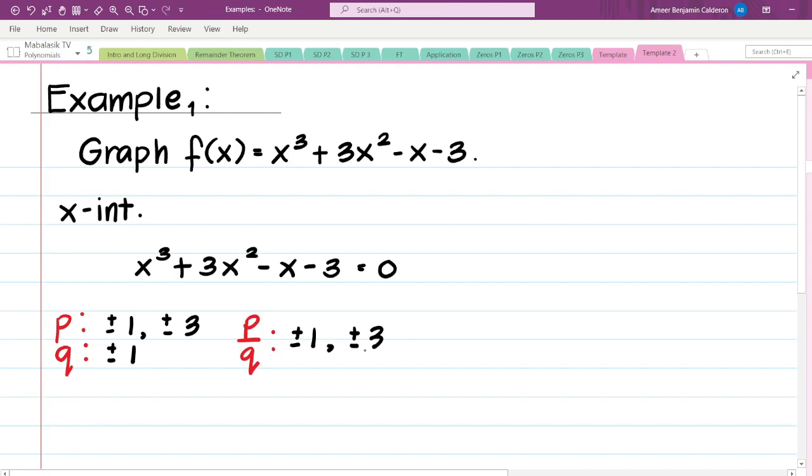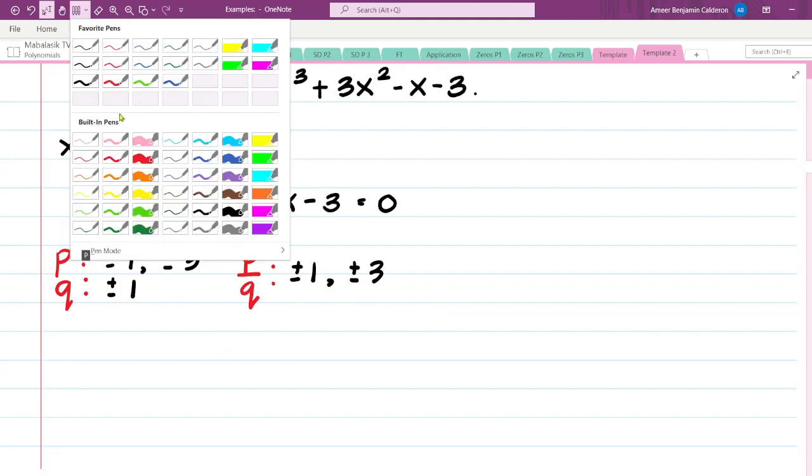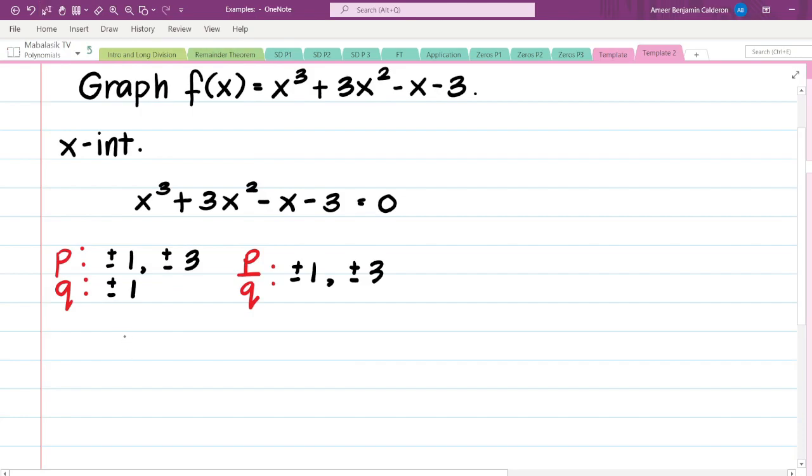Let us now use synthetic division to try and solve for the roots or zeros of our polynomial equation. I'll perhaps try 1. And then copy all the numerical coefficients of the terms of the polynomial equation. We will have 1, 3, negative 1, and negative 3.